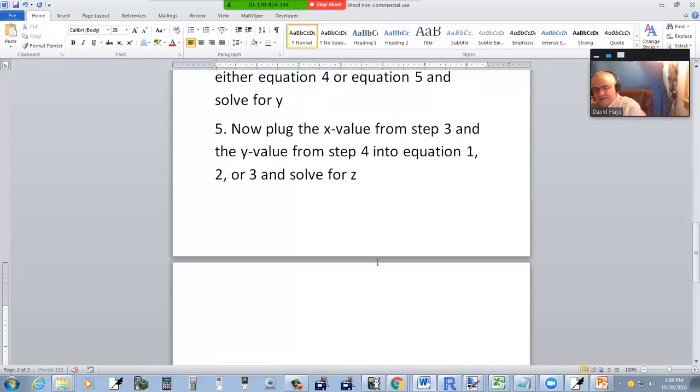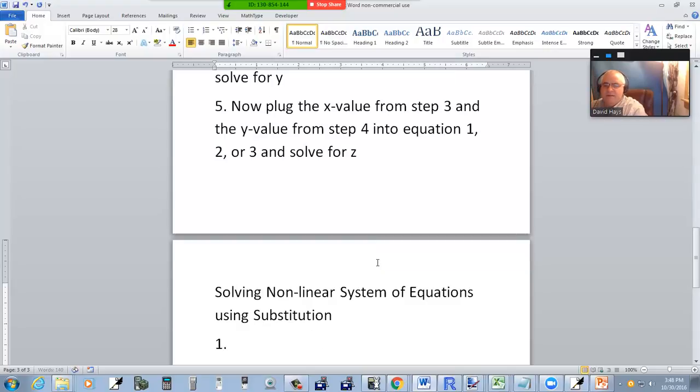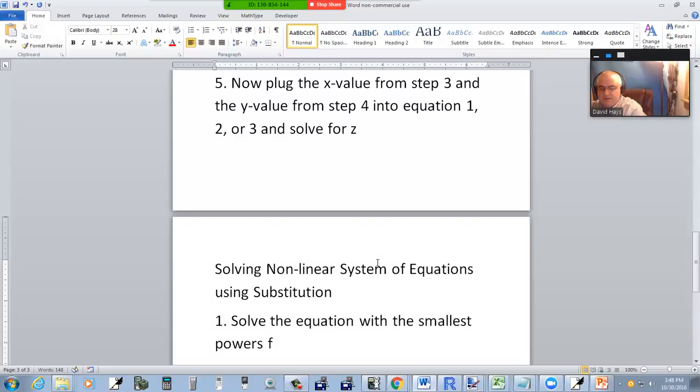So solving a nonlinear system of equations using substitution. Step 1. Solve the equation with the smallest powers for the variable with the smallest power.